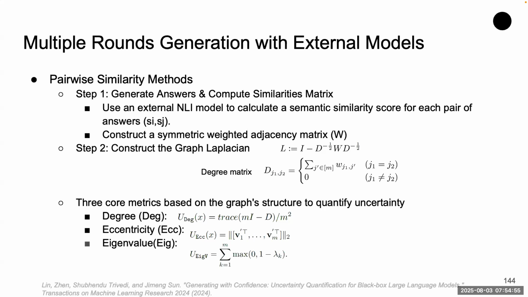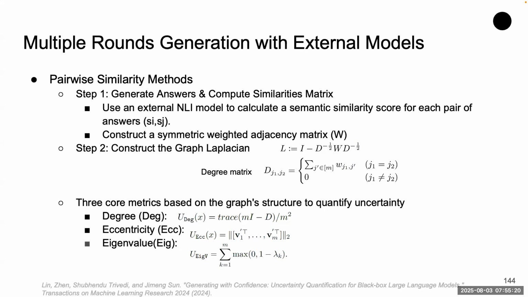And then they construct the graph Laplacian. This L is this equation, with the identity matrix and the inverse of the degree matrix. And then they can use the eigenvalues of the graph Laplacian to represent the uncertainty.